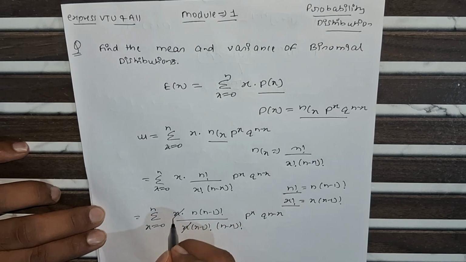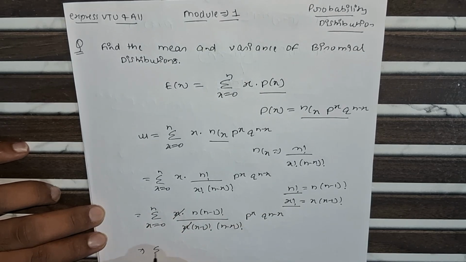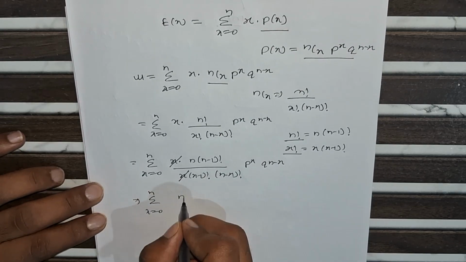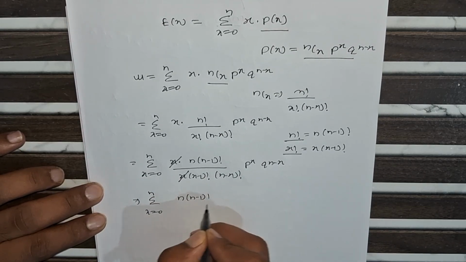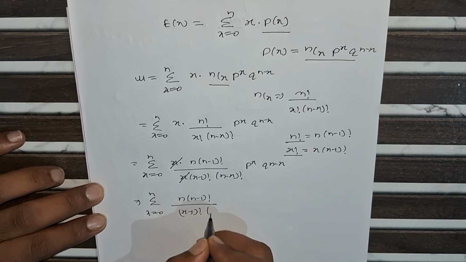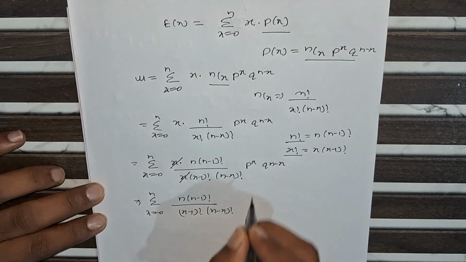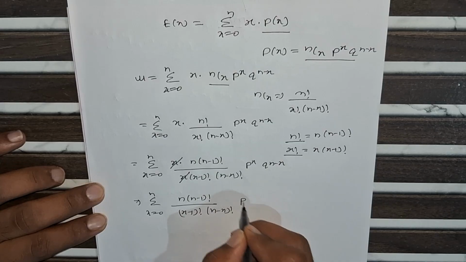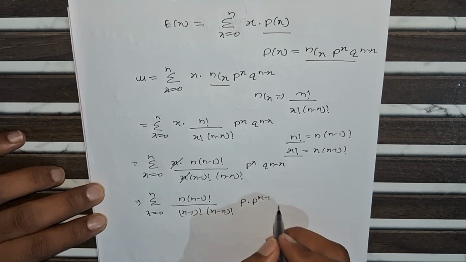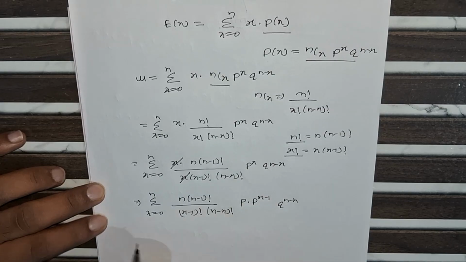So this will cancel out. Summation of x equals 0 to n, n into n minus 1 factorial divided by x minus 1 factorial into n minus x factorial. We can write p to the power x as p into p to the power x minus 1, q to the power n minus x.